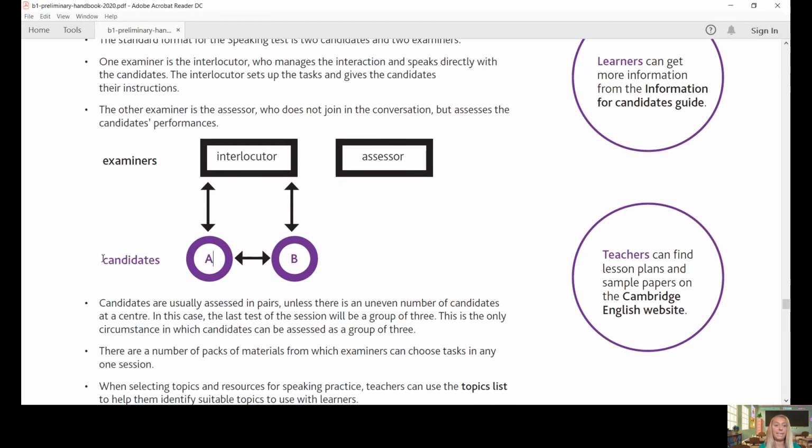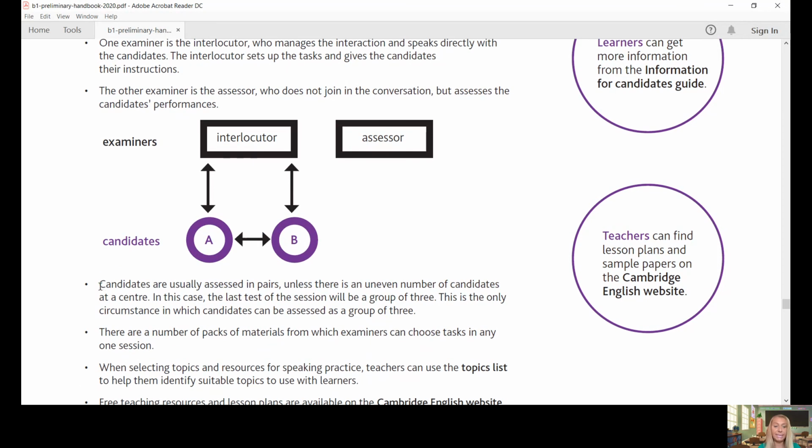And then you've got the candidates, A and B, and here it says candidates are usually assessed in pairs unless there is an uneven number of candidates at the centre. In this case, the last session will be a group of 3. So usually there's 2, but it can be that there is a group of 3. However, just before you do your exam, you will be told if there is 2 or 3 of you.